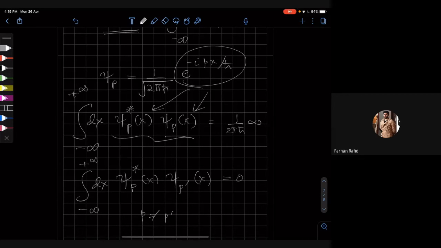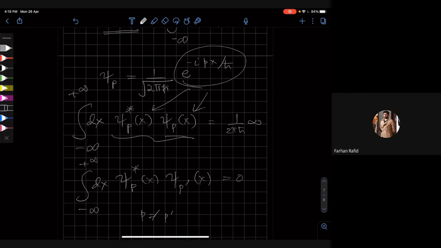This is a generalization of the fact that cosine and sine integrated give you 0.